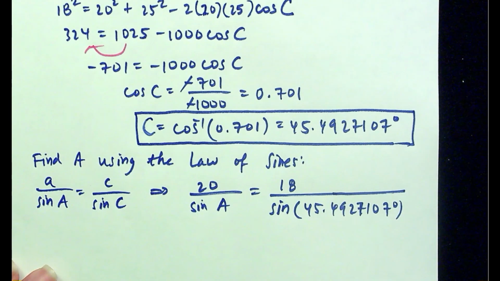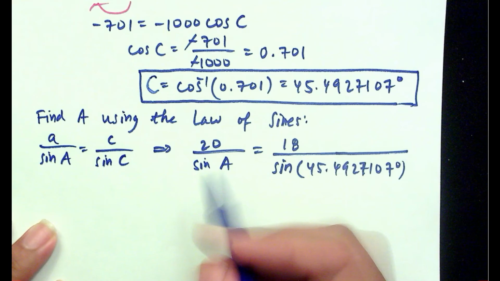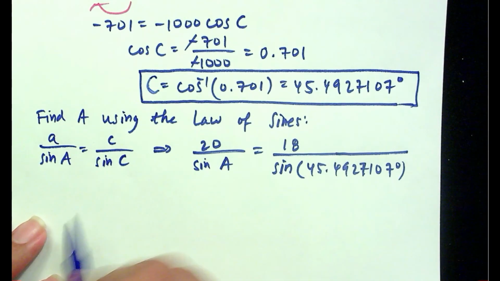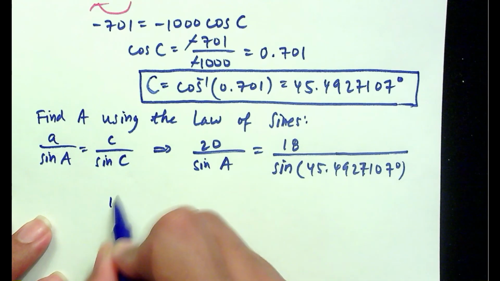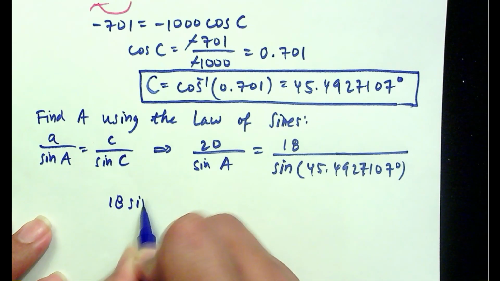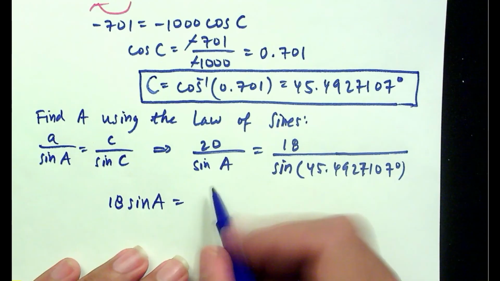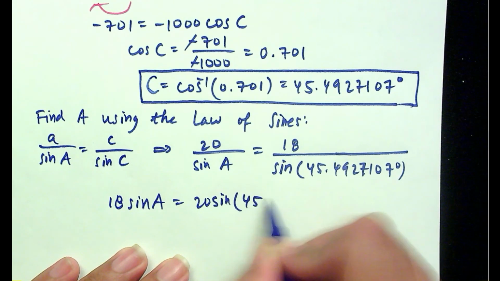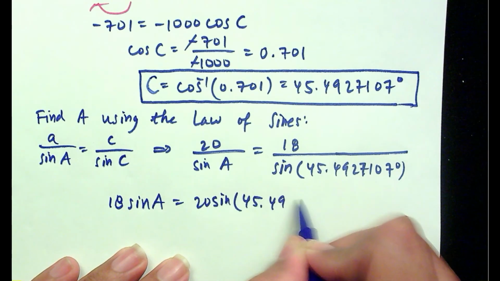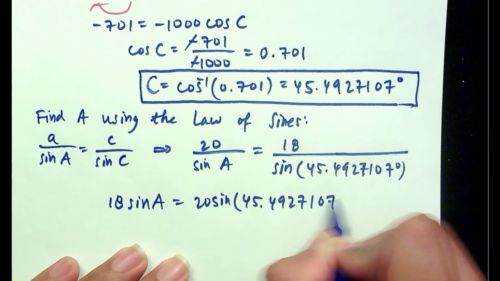Okay, now cross multiply and divide. So what do we get? When we cross multiply, you get 18 sine of A equals 20 sine of 45.4927107 degrees.